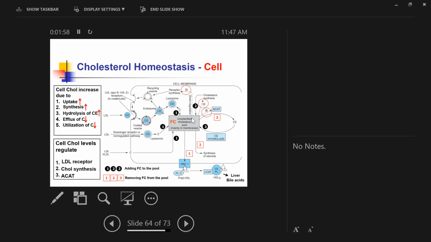So they get more triglyceride and get rid of cholesterol esters. And the two enzymes involved in this process are CETP and LCAT. LCAT basically catalyzes esterification, right?